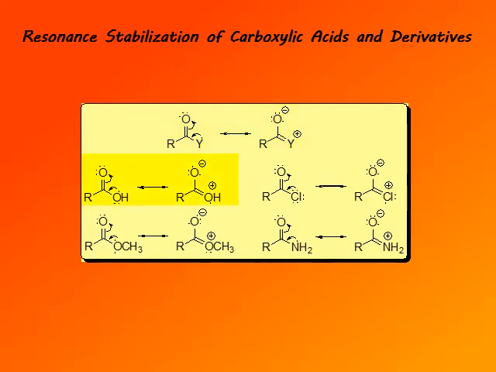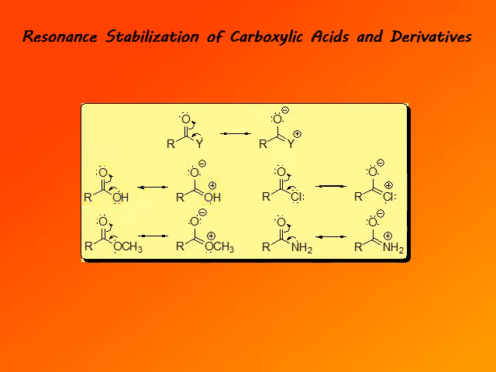So, typical stabilization is that observed in carboxylic acids, where the electron pair from the hydroxyl group is delocalized together with the pi electron pair, and that results in partial charge separation. So, the carbonyl oxygen acquires a partial negative charge and the hydroxide oxygen a partial positive charge.